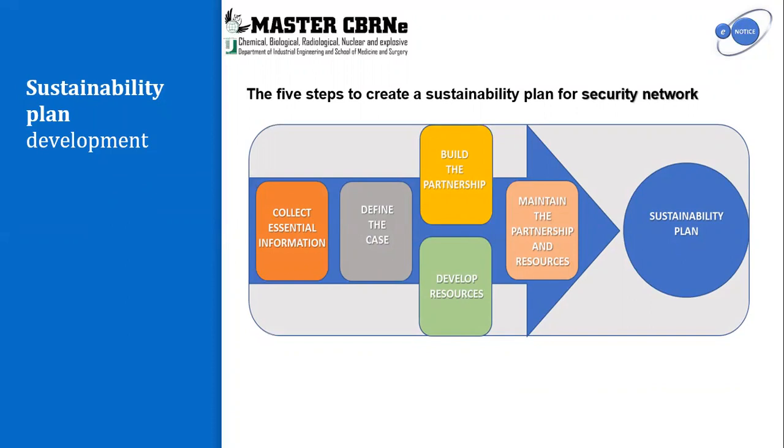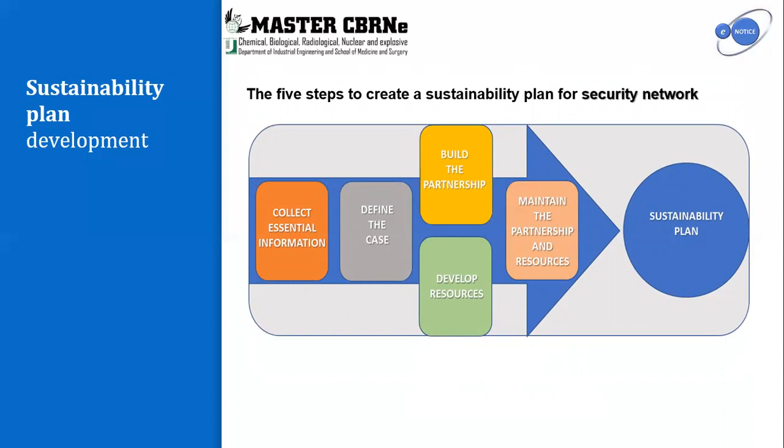The next two activities, partnership building and development of resources, are two activities that must be performed in parallel. And of course, when the partnerships and the resources have been developed, they must be continuously updated and increased in order to have an active network.